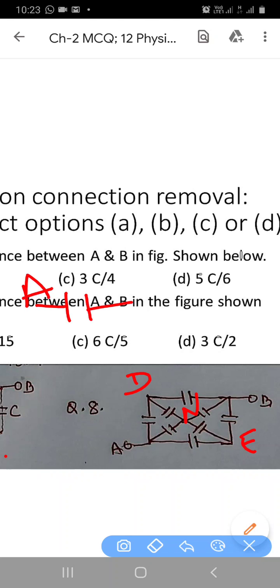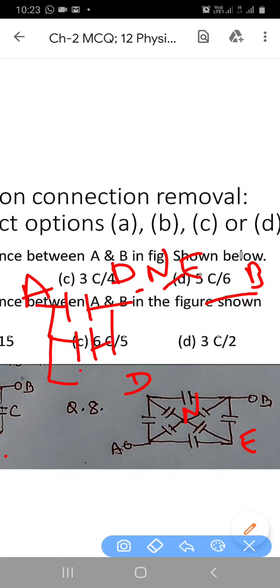A, D, N, E, and here is the point B. So between A and D, 1C, between A and N, again 1C, between A and E, again 1C. All three in parallel, so 3C.